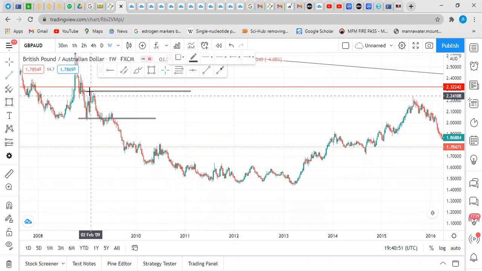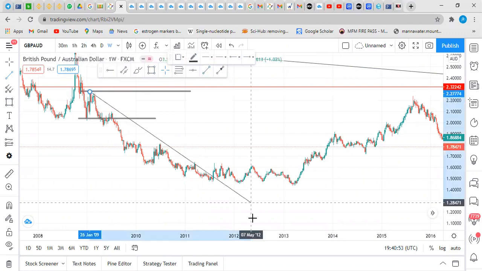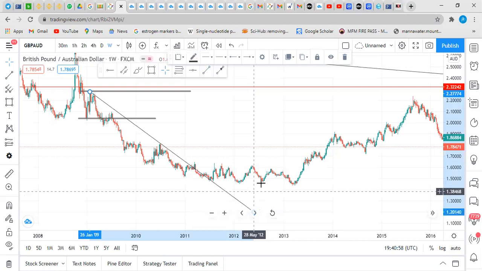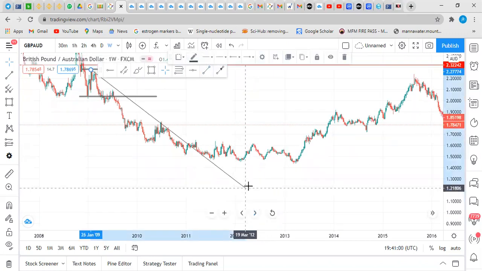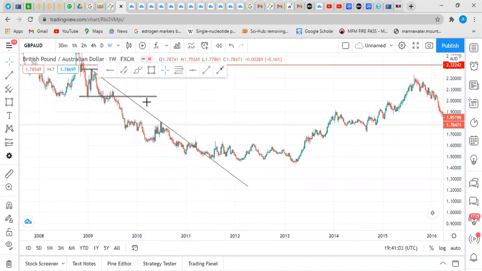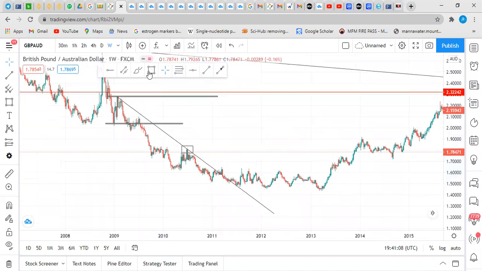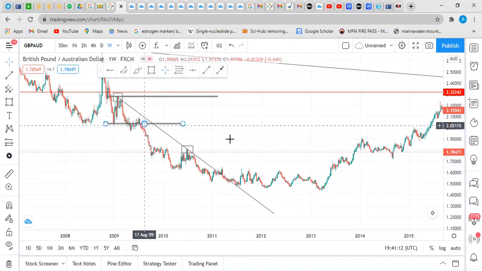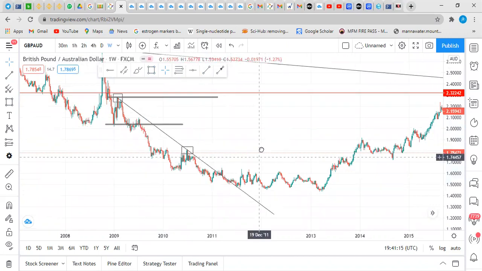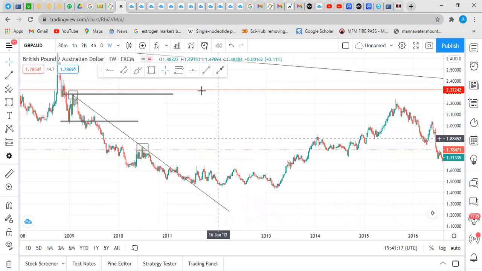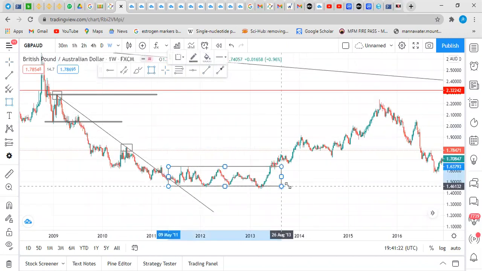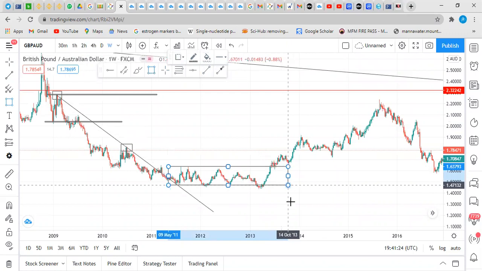So we'll be drawing our trend line, which is this point. So which points do I connect together? This point and this point. These two points are connected together. Now we eventually had a breakout here. So after the breakout, what happens? We have a ranging market here. We have a ranging market.